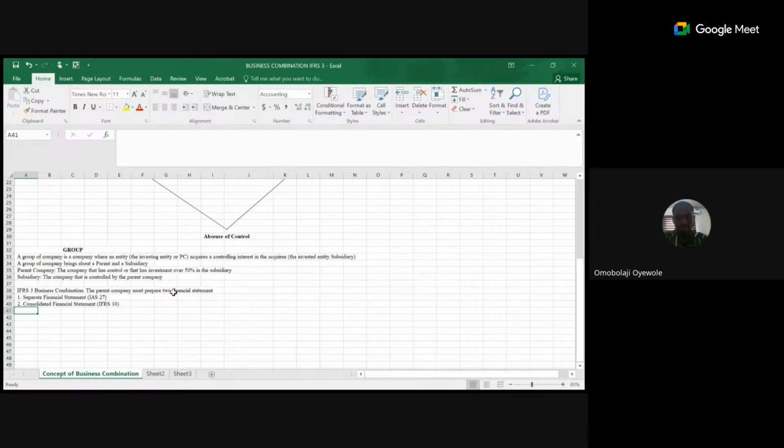Number one is a separate financial statement according to IAS 27, and number two is the consolidated financial statement. That consolidated financial statement is our area of focus now, so what we want to learn is how do we consolidate a financial statement?